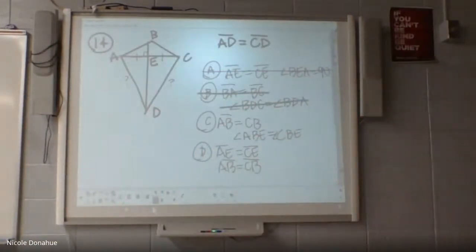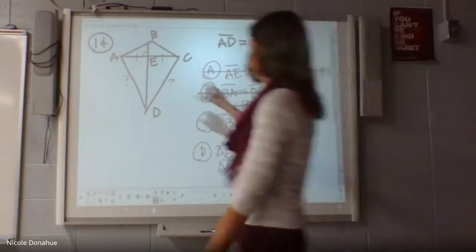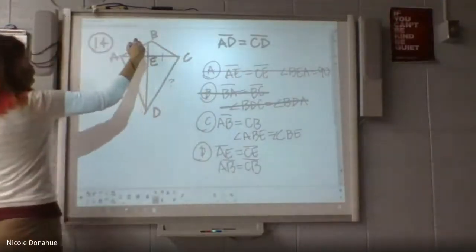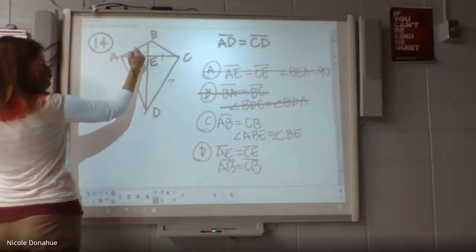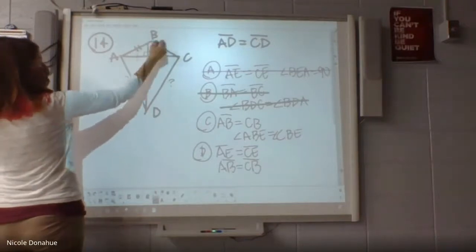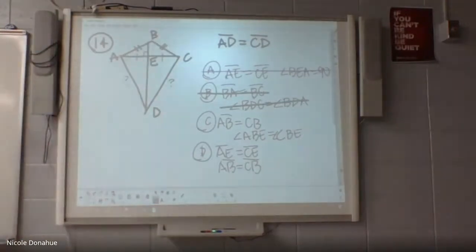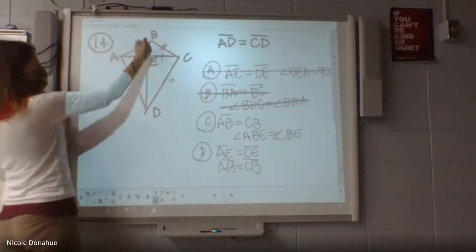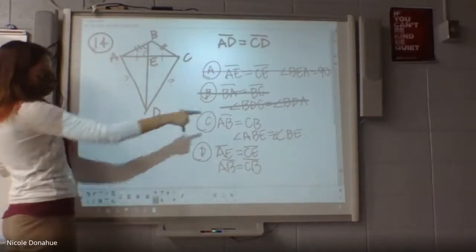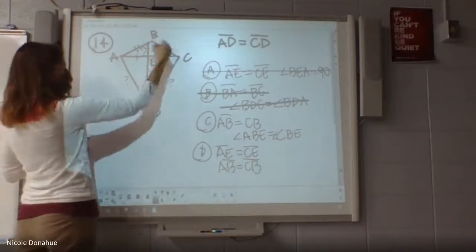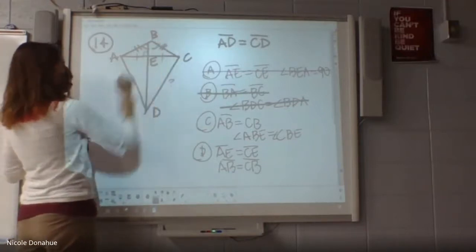The next one is AB equals CB. So up here, that's what we just marked, AB equals CB. Now this time they're telling us ABE up here equals CBE. That's up here.